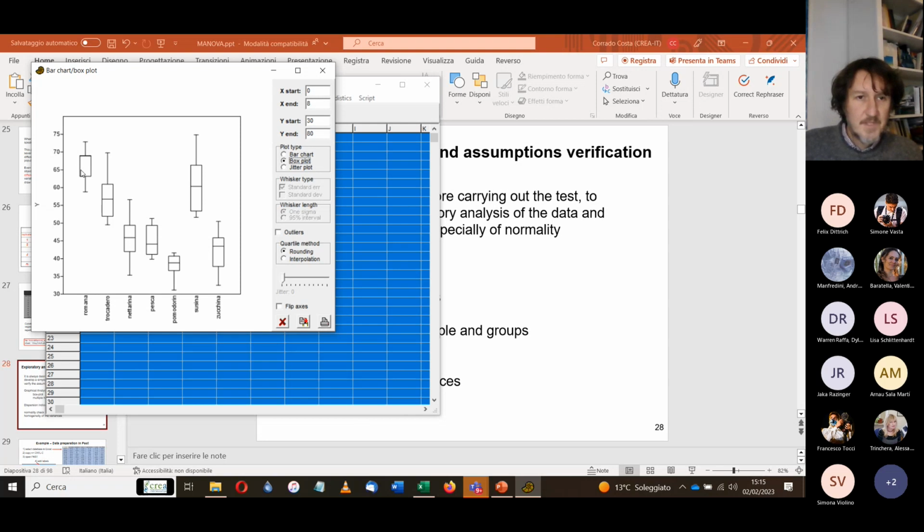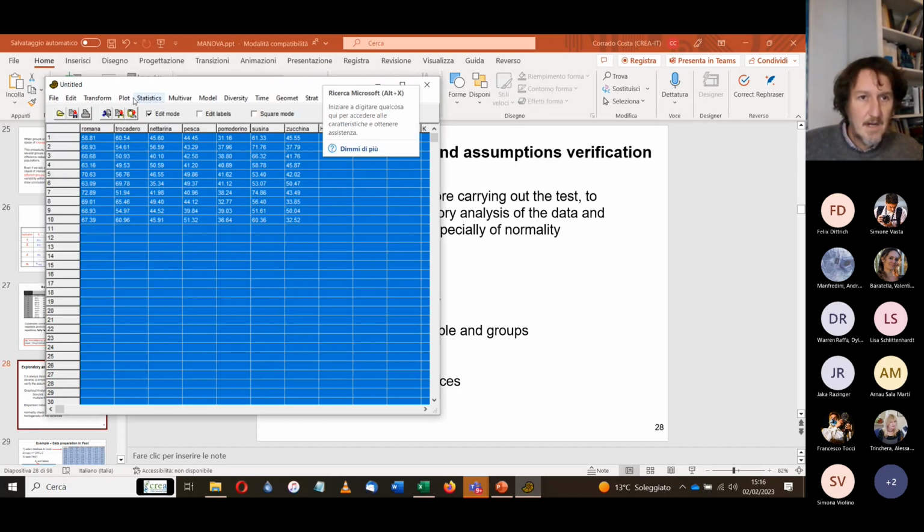Okay, so we can observe that Romana is comparable in part with Susina, but not with all the others. This Trocadero is comparable with Susina too. These two, Nettarina and Pesca, are very, very similar, but also with Zucchina here. And Pomodorino is similar only with Zucchina. This is the general visualization.